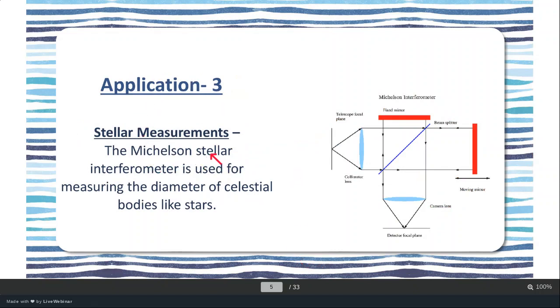Stellar measurements. The Michelson stellar interferometer is used for measuring the diameter of celestial bodies like stars. You all will be wondering how a simple setup like this can be used to measure the diameter of celestial bodies like stars. We all have heard about radio astronomy.